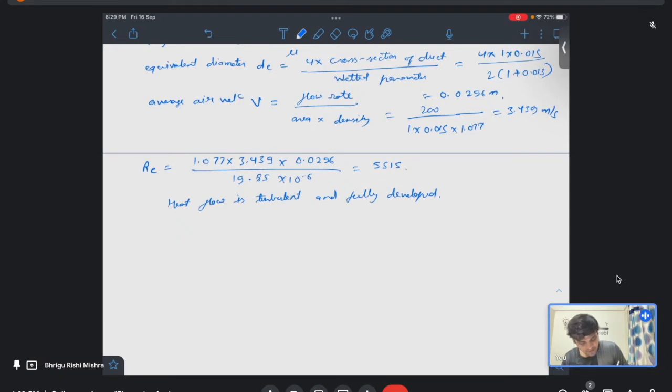Okay, so we can use the Nusselt number formula, 0.015158 Re to the power 0.8, and if you put the Re value in this, we'll get the Nusselt number equals 15.56.